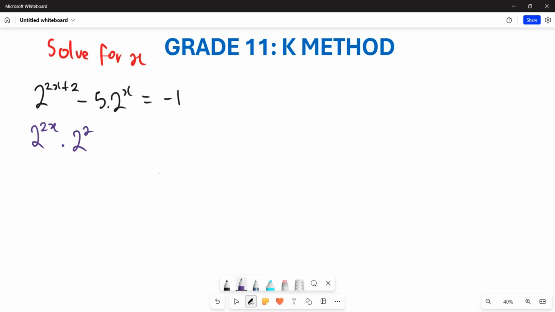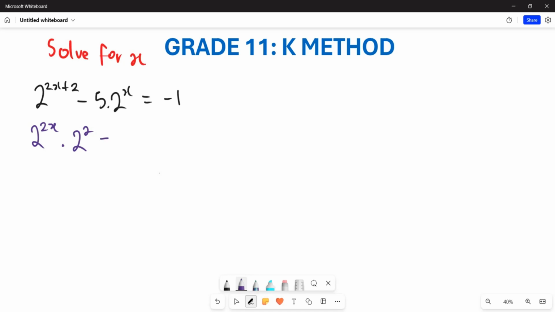Remember, you're writing 2 to the power of 2x plus 2, which means you are multiplying powers of the same base. That's why you are having 2 to the power of 2x plus 2. So this is how you write it in factor form.